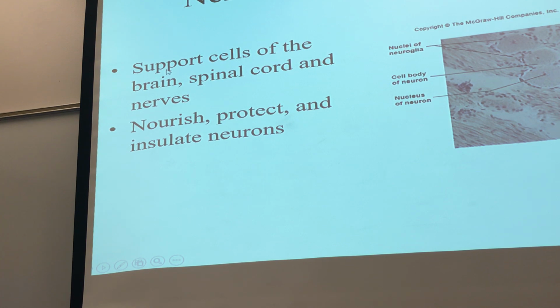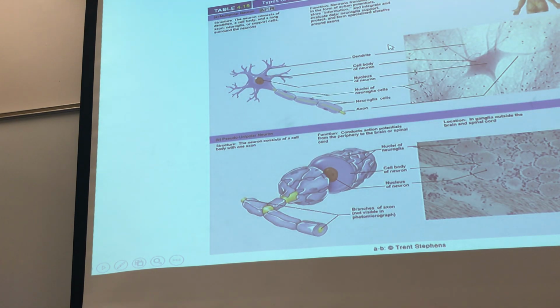They don't really have a function in terms of nervous activity. Their main job is to support, to increase the speed of a nervous impulse, to protect the brain. But they don't conduct an action potential. They don't allow us to connect the brain to the spinal cord itself.